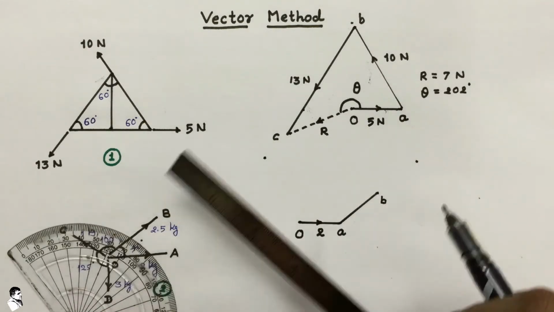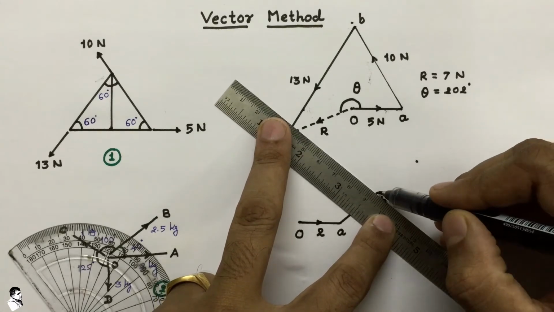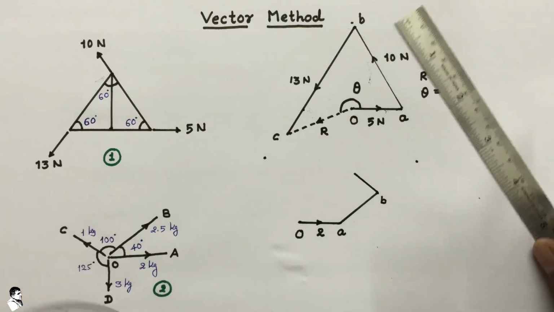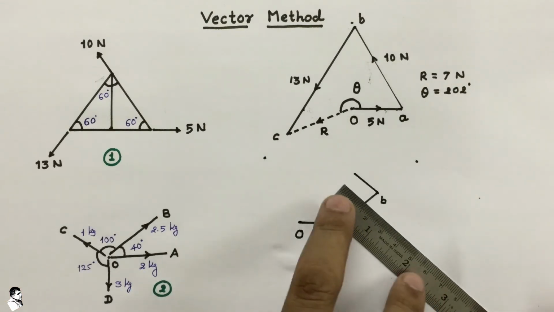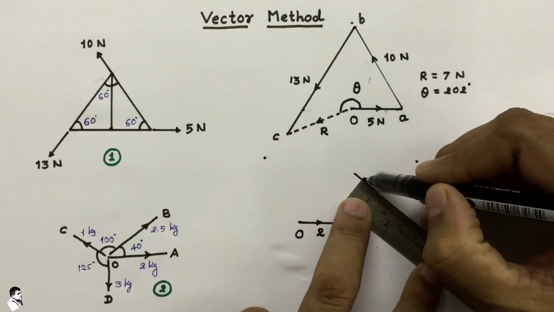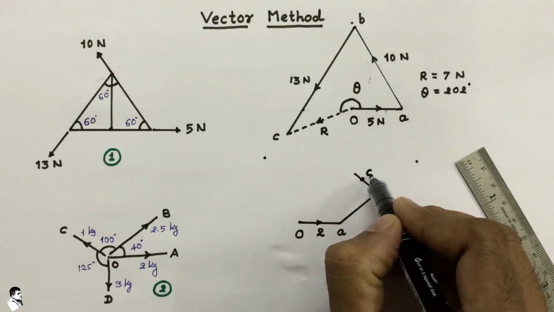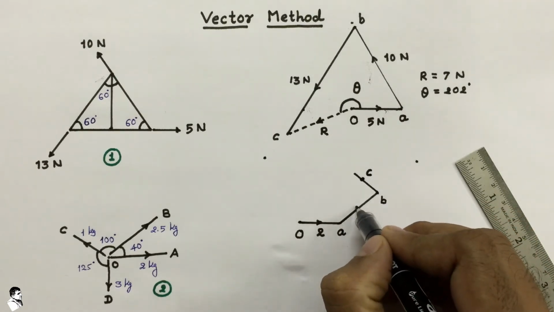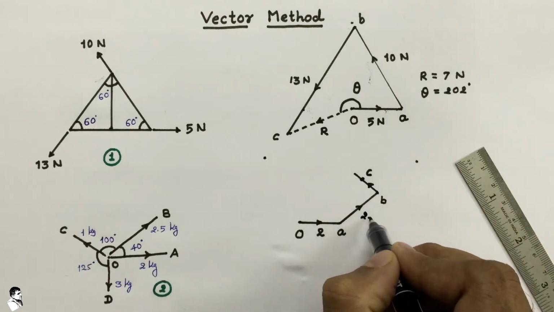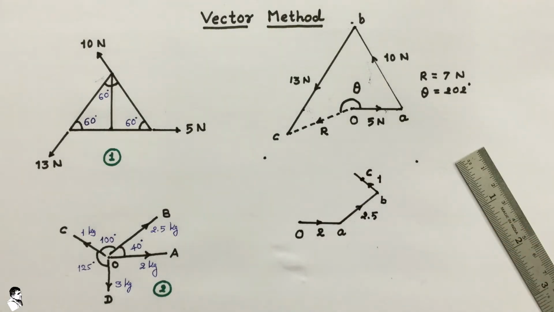In line with that we draw a parallel line to that. It is a 1 kg force, so we restrict it up to 1 centimeter only, up to here. There we point out point C, that is our third force. So this is 2, then 2.5, and this is the 1 kg force.